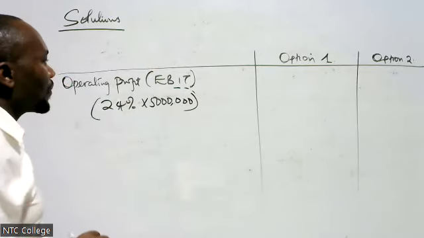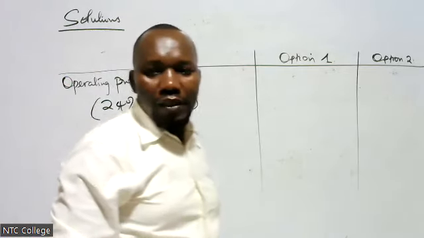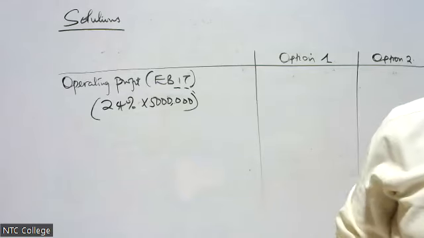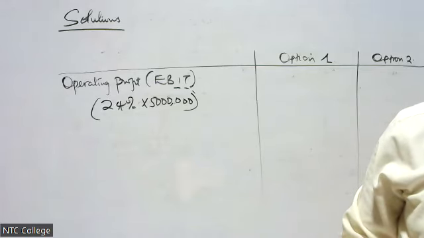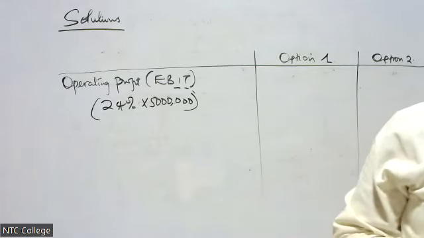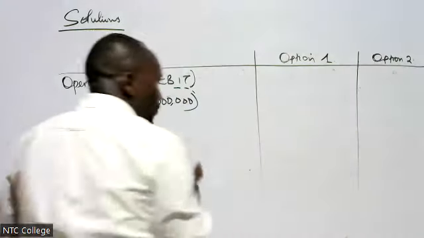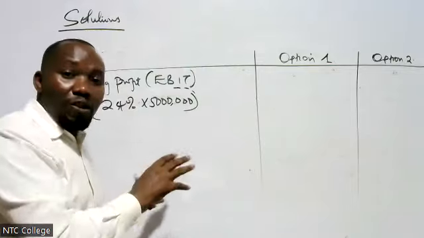Somebody to calculate for us. What are we getting? $1.2 million. So this one, 1.2 million, we shall get it.